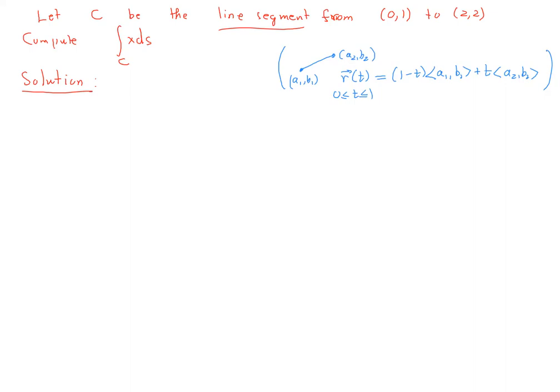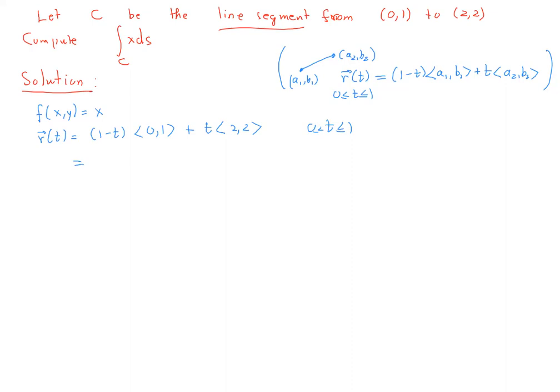What we have here is the following situation. Our integrand is the function f(x, y) equals x, right? Our parameterization, according to what we just said, is going to be (1 minus t) times (0, 1) plus t times (2, 2), and t is going to be between 0 and 1. Let's work it out a little.